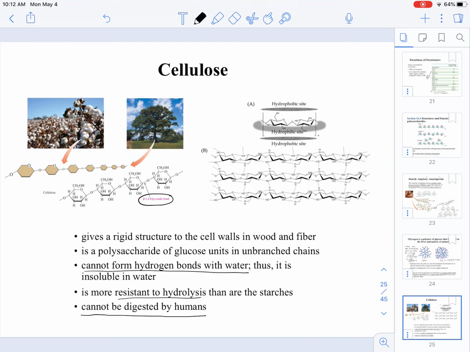I know that there are some people out there who say that when you eat fibrous things, for example celery, it contributes negative calories because your body spends more time processing it. That is a myth. It is not true because our bodies are not processing that fiber.